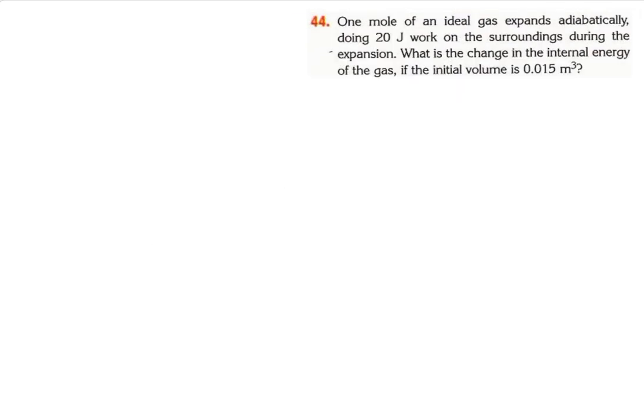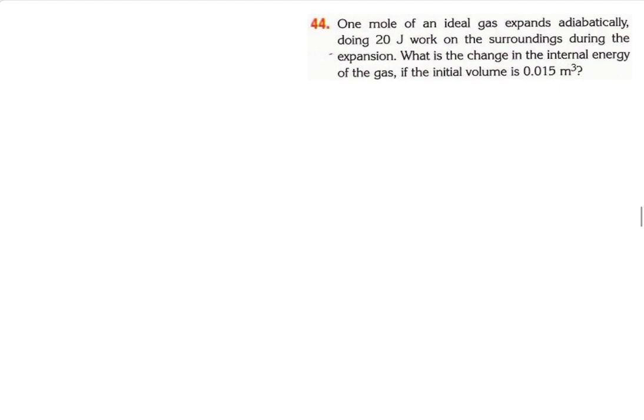Question 44. 1 mole of an ideal gas expands adiabatically, doing 20 joules of work on the surroundings during the expansion. What is the change in internal energy of the gas if the initial volume is 0.015 meters cubed? So firstly, let's define what is an adiabatic process.